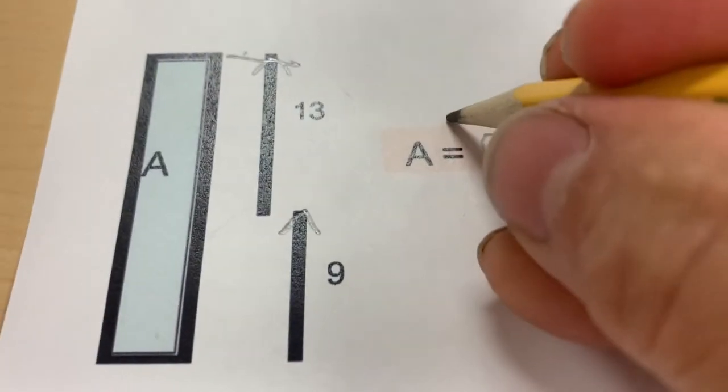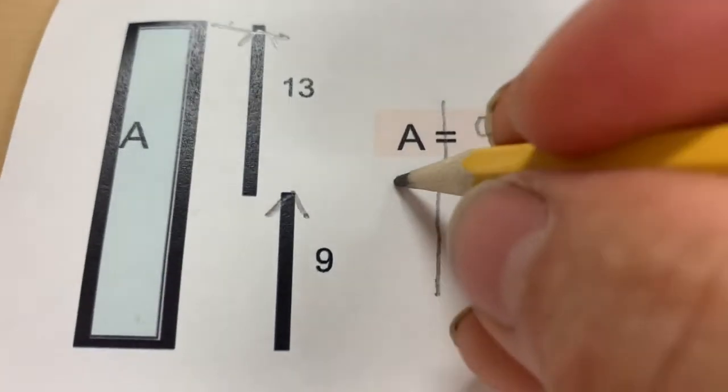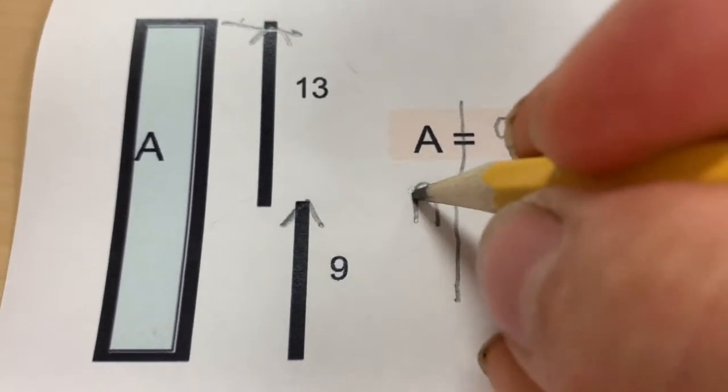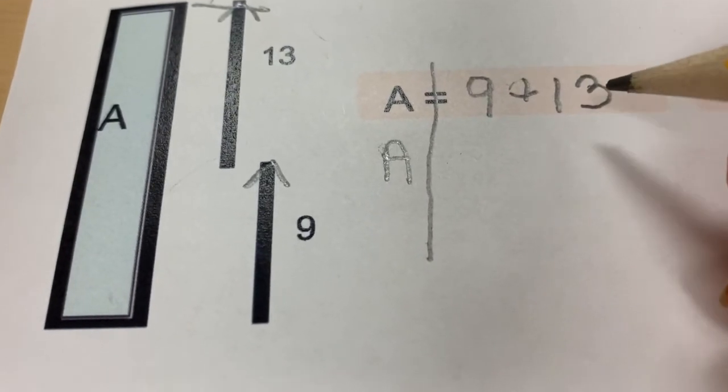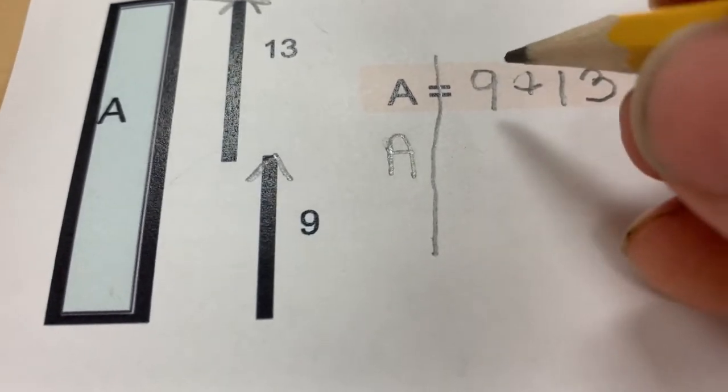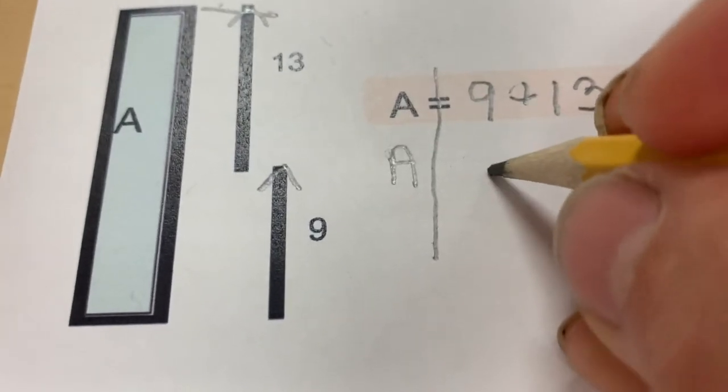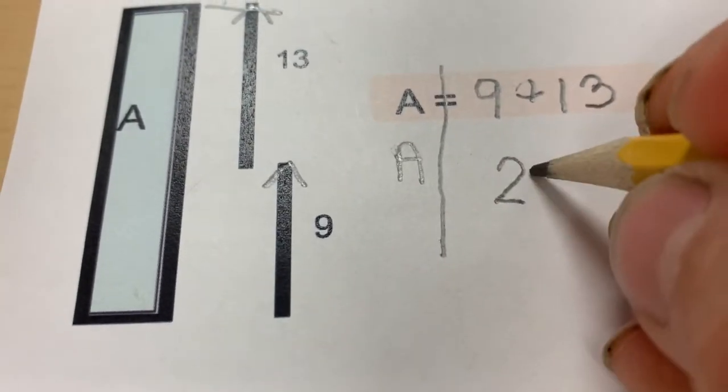This is going to be a relatively easy equation to simplify. I just have to add 9 and 13. If I add 9 to 13, I will get 22.